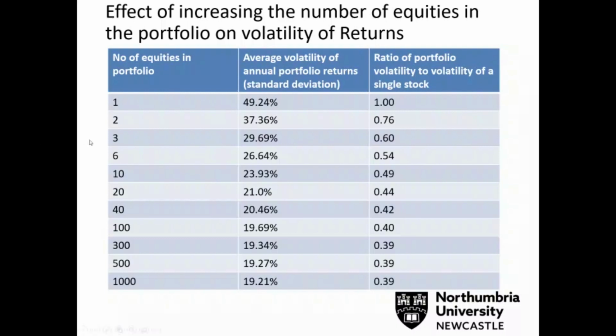And it's interesting because obviously when you go from 1 to 2 then to 3, you can see there's quite a big drop in risk as you increase the portfolio size. But it gets to a point when we get around 10 and 20 to 40, certainly around 20 to 40, the level of risk doesn't drop off that much. And this is quite normal because in mathematics, any sort of normal distribution which is used to work out standard deviation, we say in maths you need to have at least 30 observations for data to be normally distributed. And that's a mathematical term.